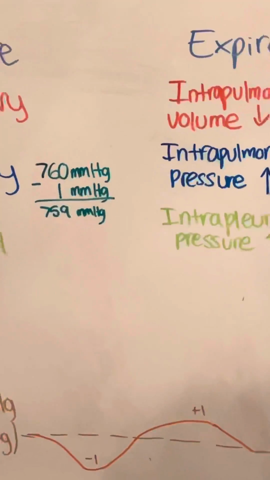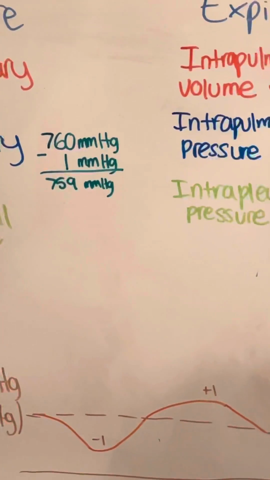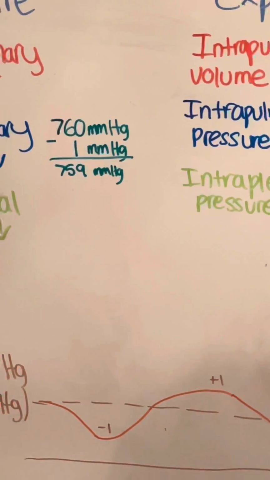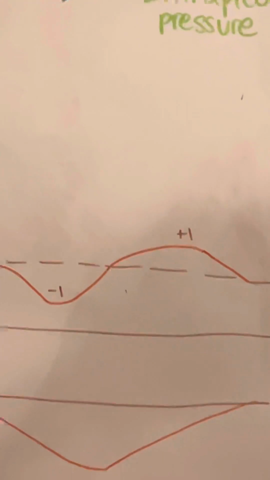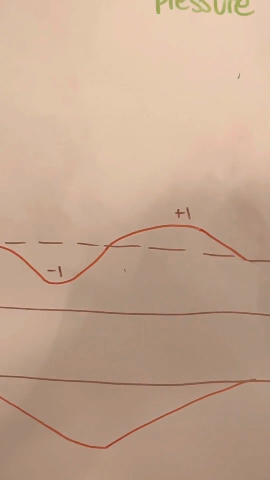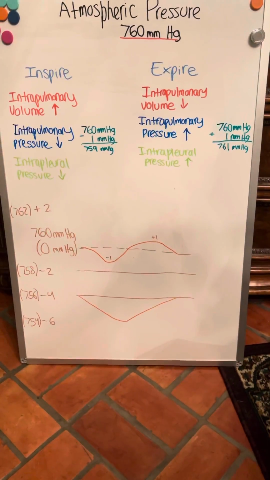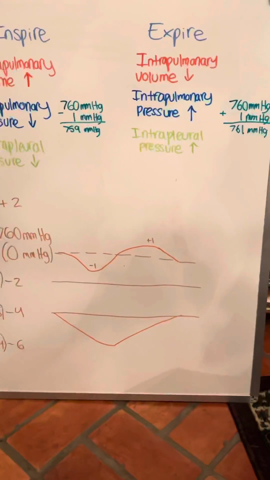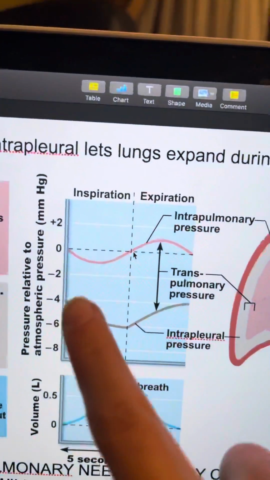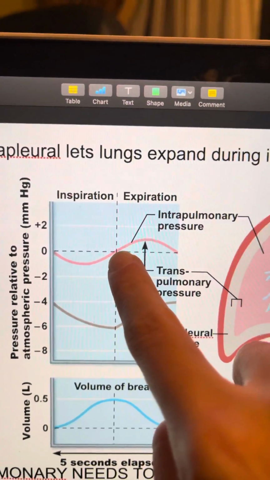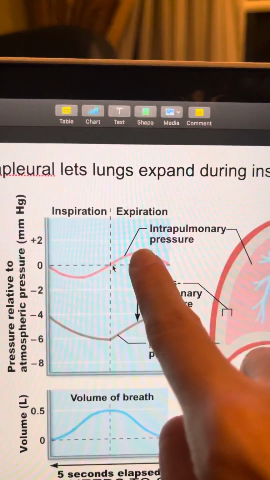So since we have gone 760 millimeters of mercury minus 1 from inspiring to 759, we've hit our climax, so we've reached right back to 760 or 0 right before we are going to expire. So right before we are going to expire, we're at 0. We're going to go ahead and go up 1 millimeter of mercury. Why is that?